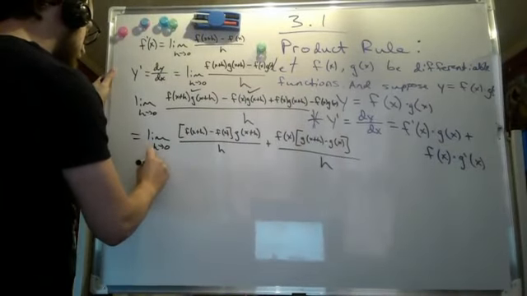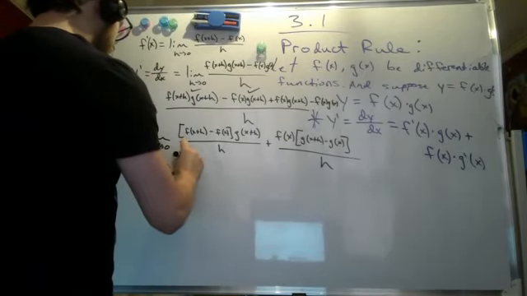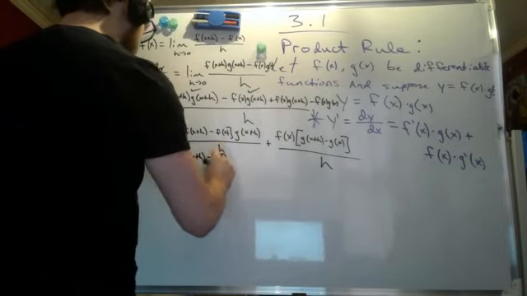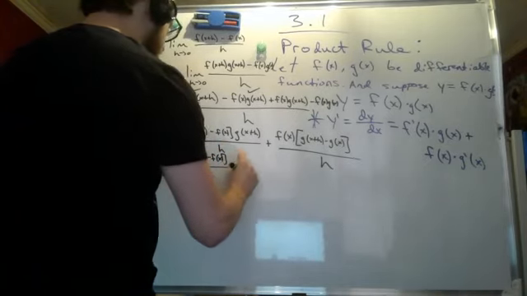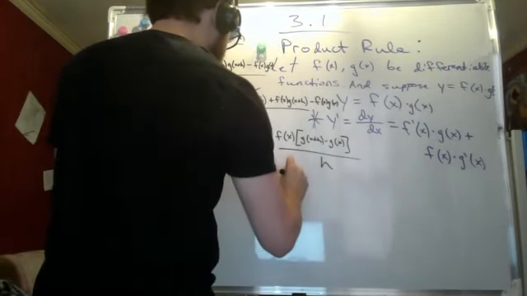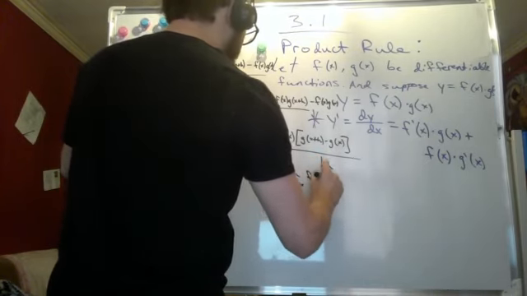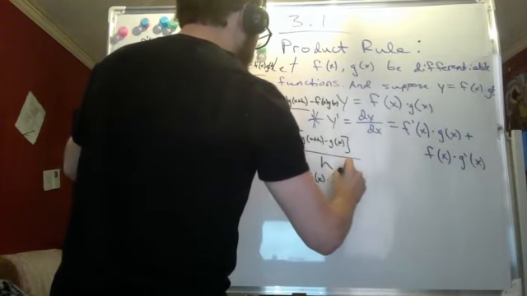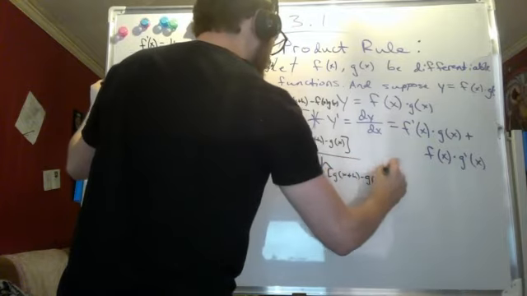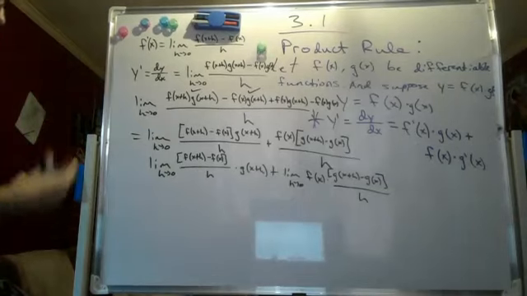So here I've got the limit as h goes to 0 of f of x plus h minus f of x divided by h times g of x plus h, plus the limit as h goes to 0 of f of x times g of x plus h minus g of x, all divided by h. Okay, so far so good.